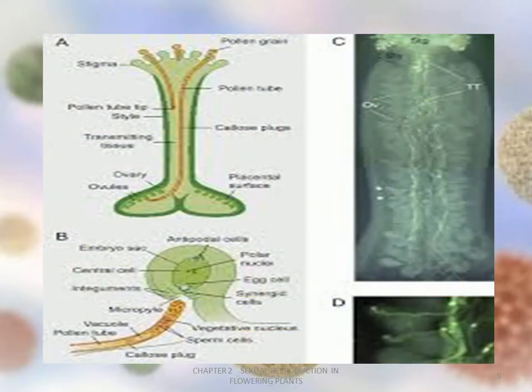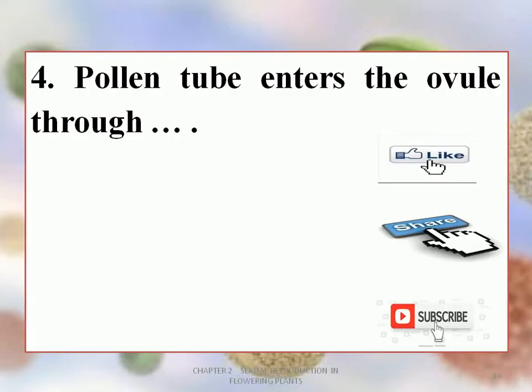Let's see here in the structure. The development of pollen tube is shown here. So, next MCQ is pollen tube enters the ovule through dash. Let's see the options. A. Style.